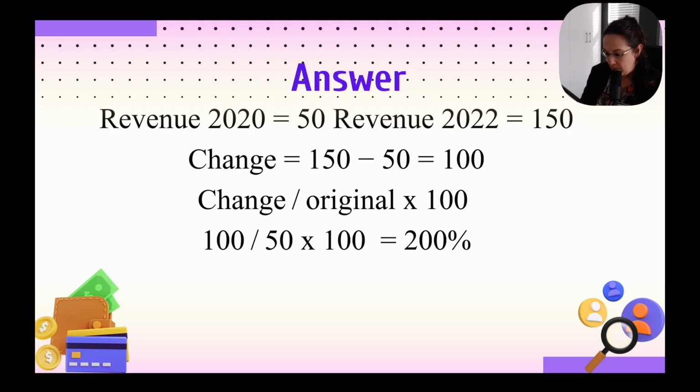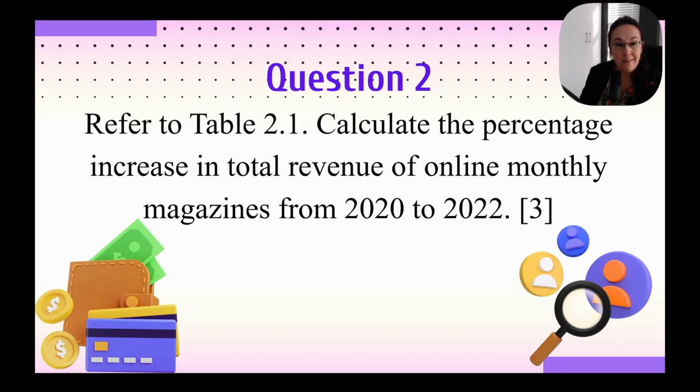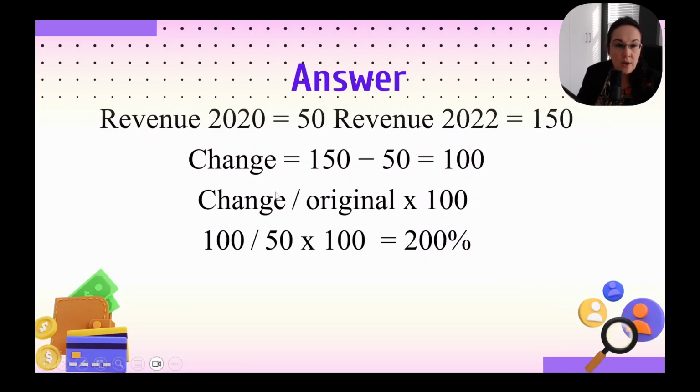Remember, they wanted us to calculate the percentage increase in total revenue. I will work out the change, which is 150 minus the 50. That gives us 100. And how I will work out a percentage change is I normally take the change over the original times 100.